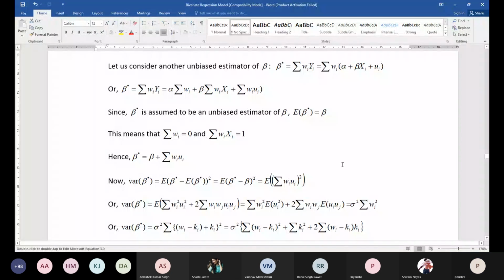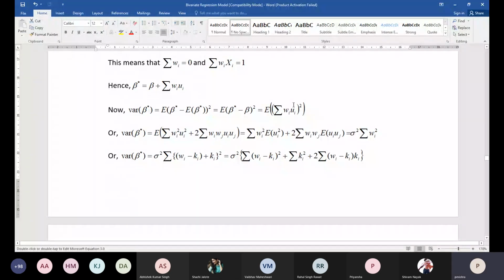Now, let us just go for decomposition of this. We can write it as expectation of summation of wi ui square plus 2 into summation of wi wj into ui uj. You know very well this formula, I mean, basically a plus b plus c plus d all whole square. So we are getting an expression like this.